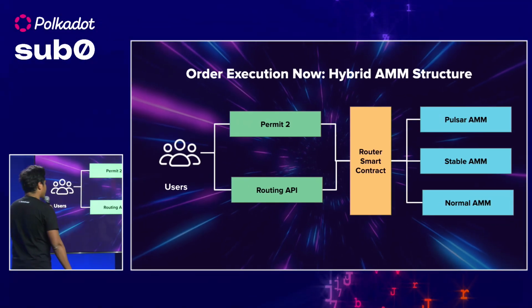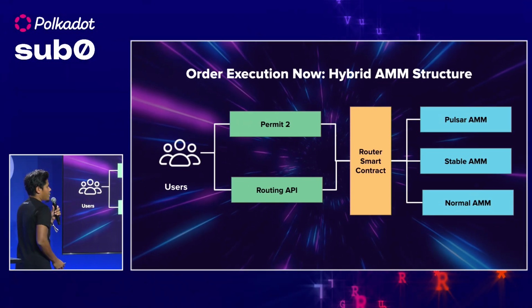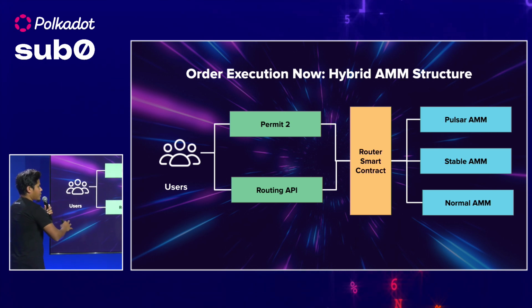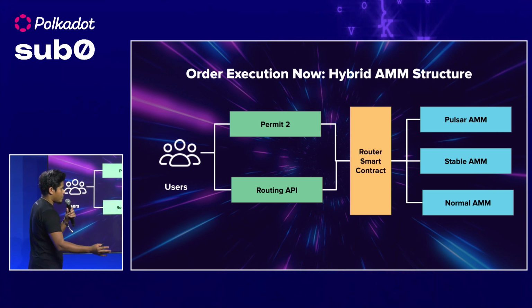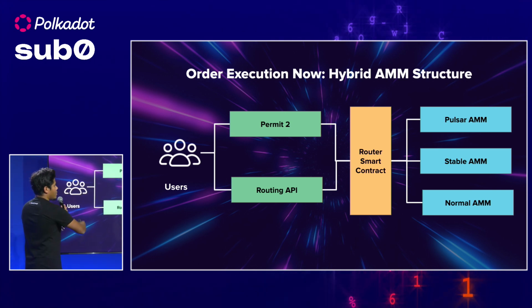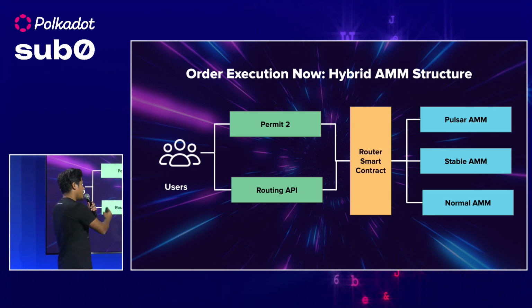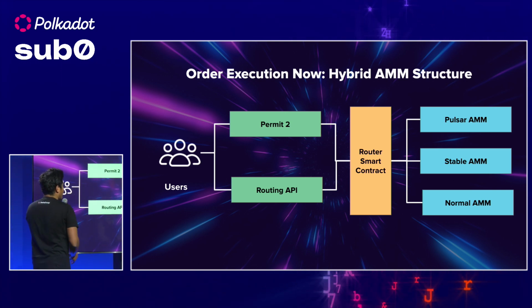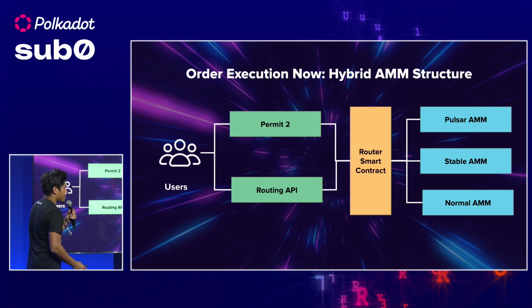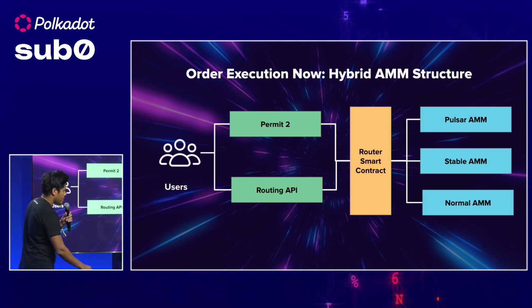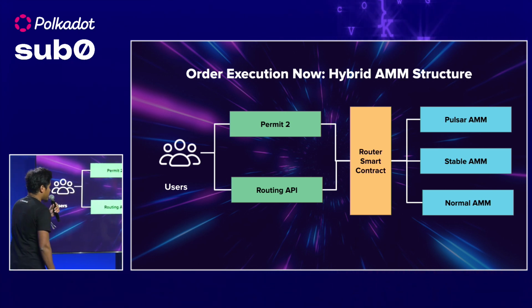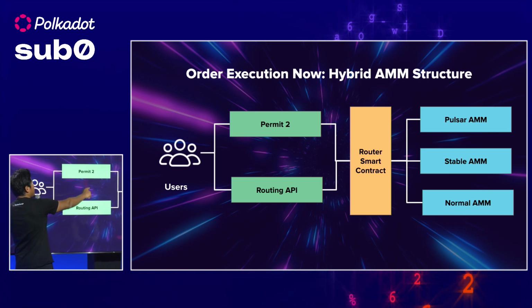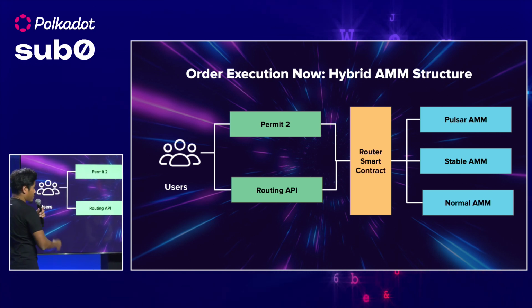From a user point of view, whenever they go to StellaSwap, app.stellaswap.com, they can choose whatever tokens they want to trade. When they press the swap button after they've identified the input and output, they have to approve the token first.